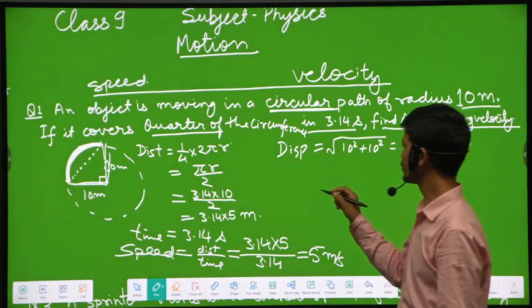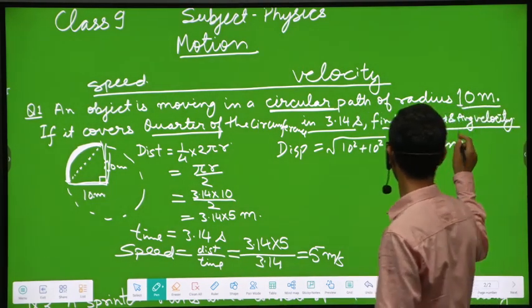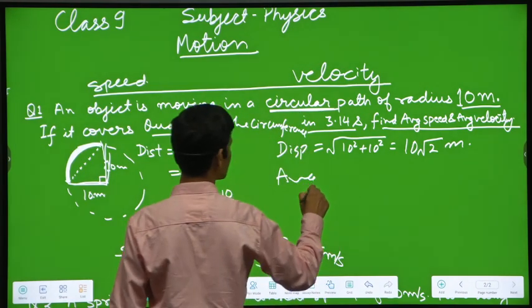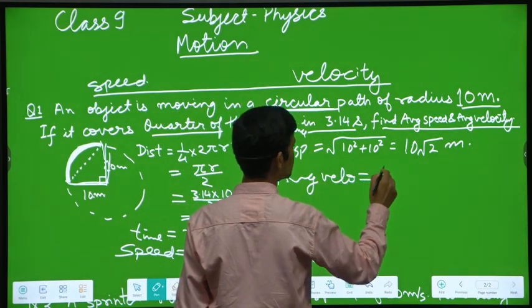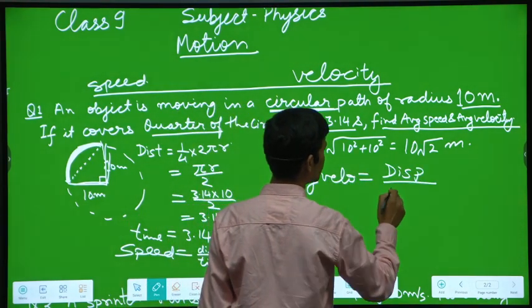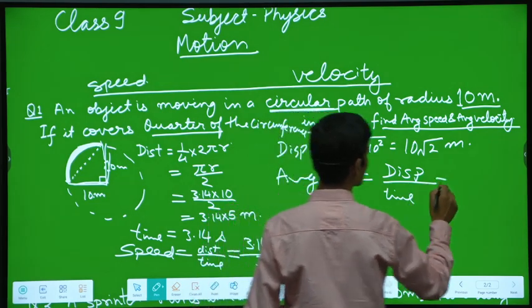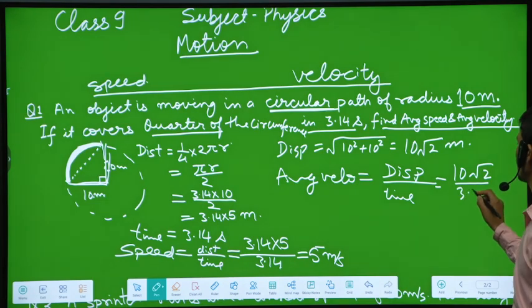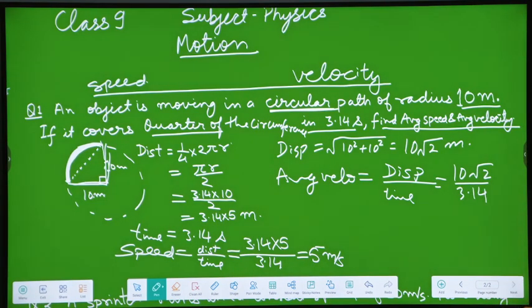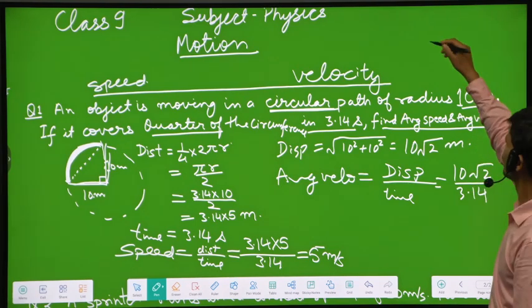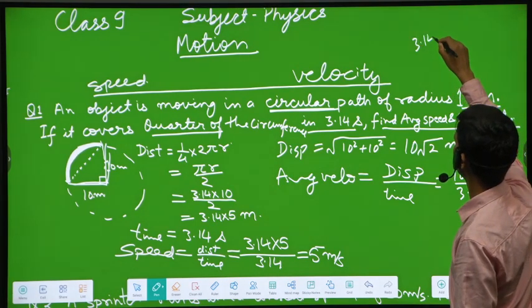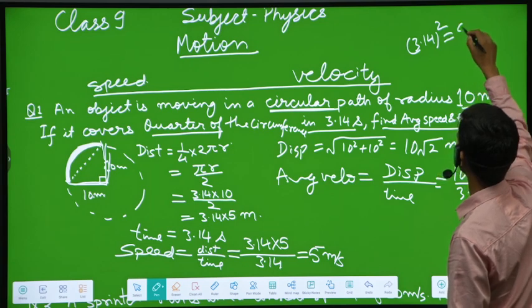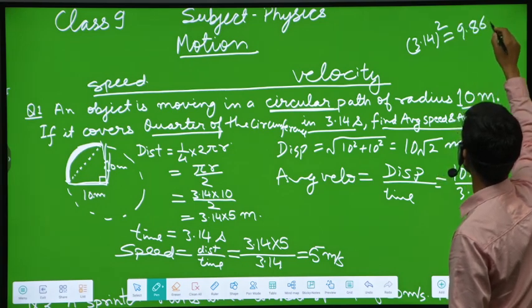And now average velocity is displacement divided by time. Displacement is 10 root 2 divided by time 3.14. Remember, 3.14 square is 9.86, close to 10.